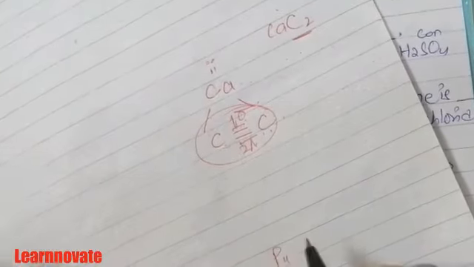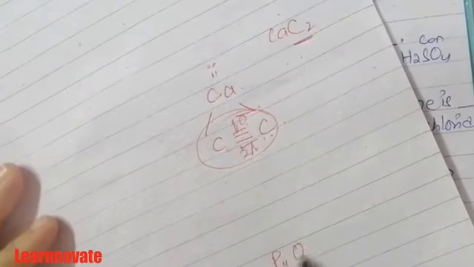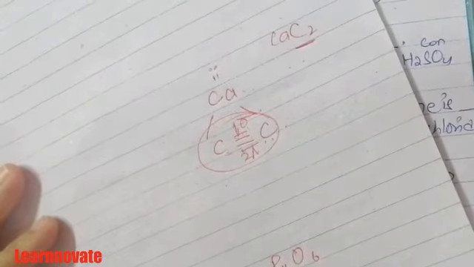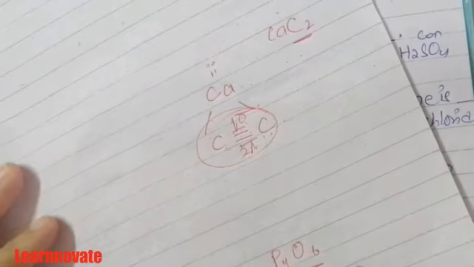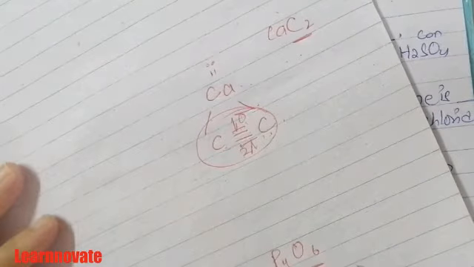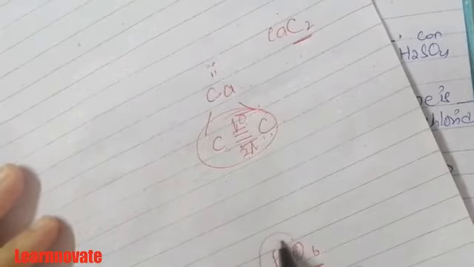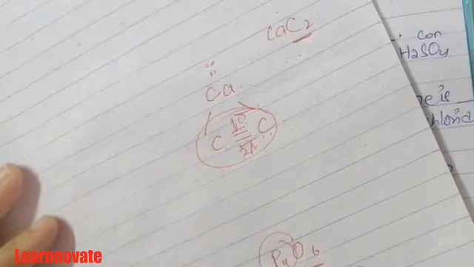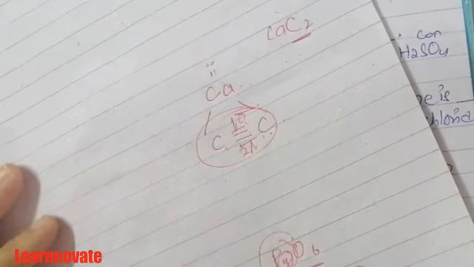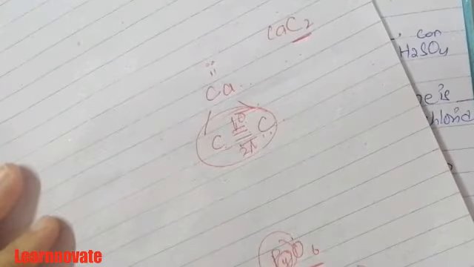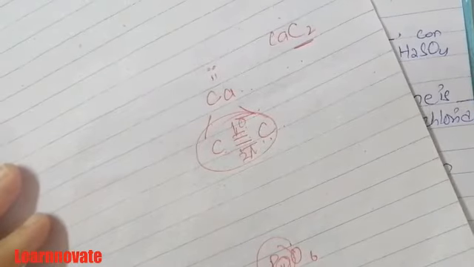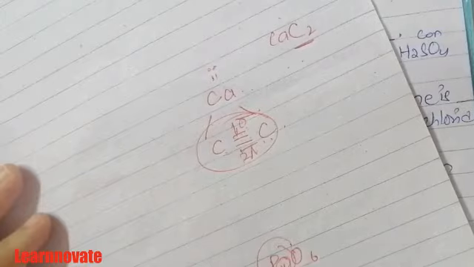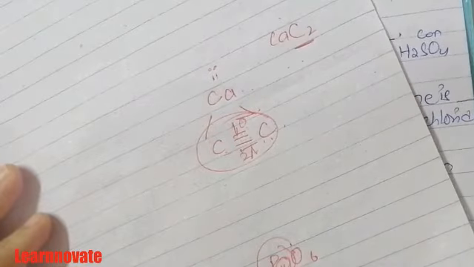If you check option number 1, that is P4O6, you know the oxidation state of oxygen is -2. When combined with 6 atoms, 6 times -2 is -12. The overall charge is 0.